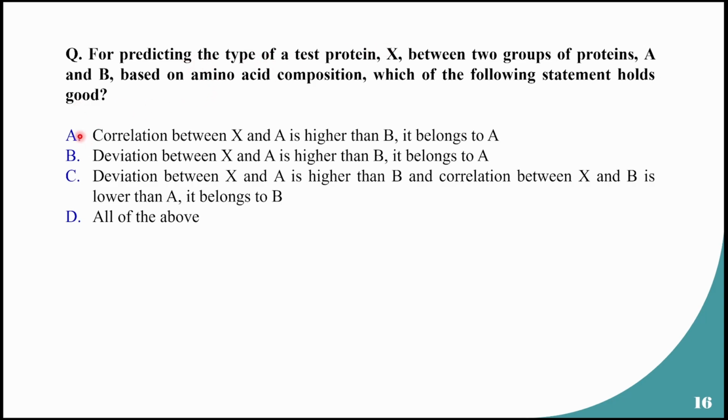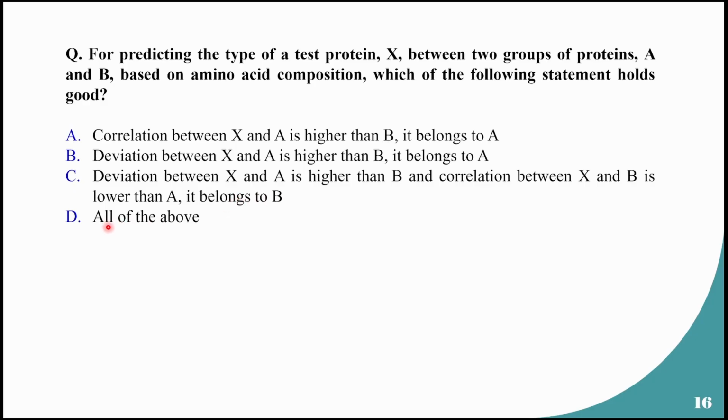Okay, so you have been given four different statements. One is asking that the correlation between X and A is higher than B, and the protein should belong to group A. The deviation between X and A is higher than B, and the protein should belong to group A. The deviation between X and A is higher than B, and the correlation between X and B is lower than A, and as such, it should belong to B. Or all of the above.